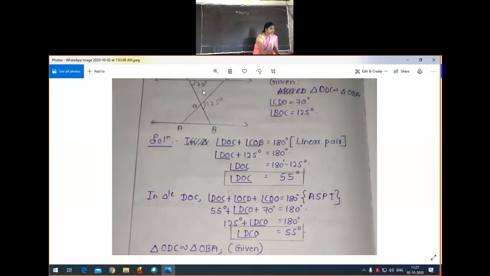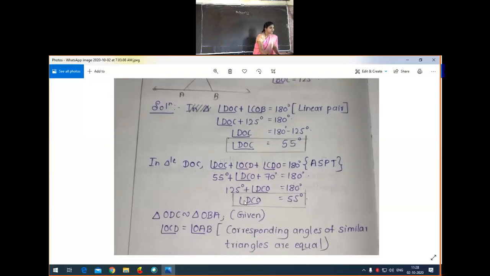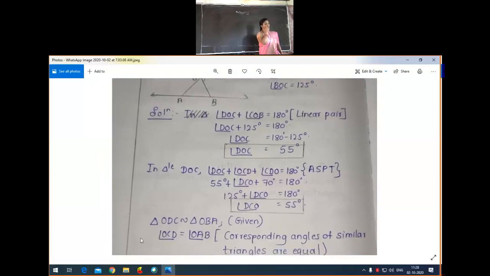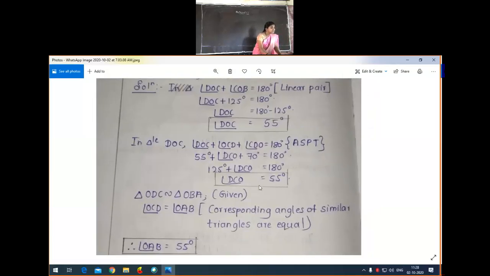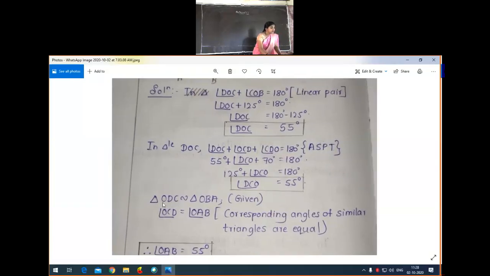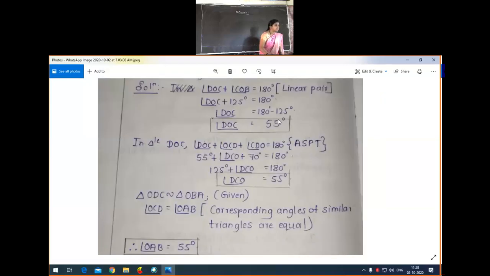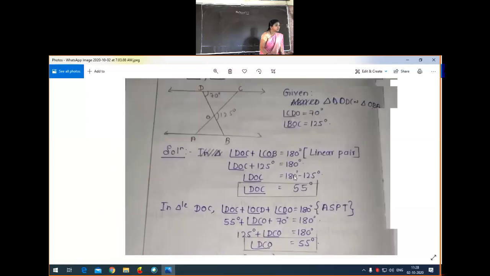So what is given actually? This triangle is similar to this triangle. Can we use the similarity condition? Corresponding angles of similar triangles are equal. Now, in triangle ODC similar to triangle OBA, angle OCD is equal to angle OAB.